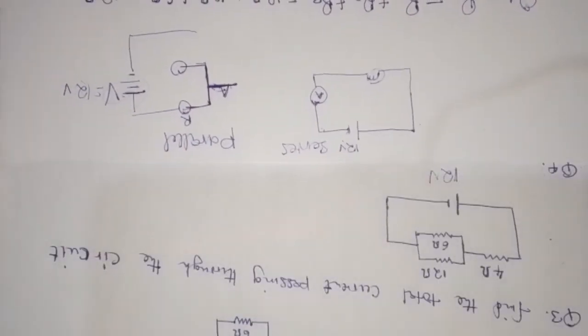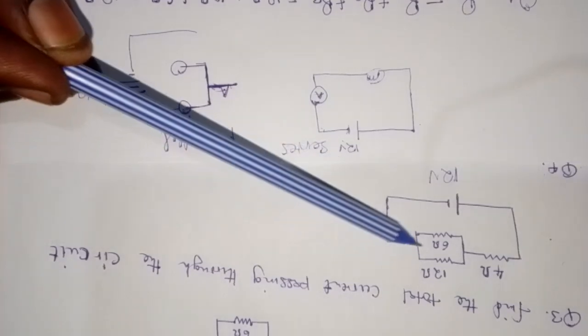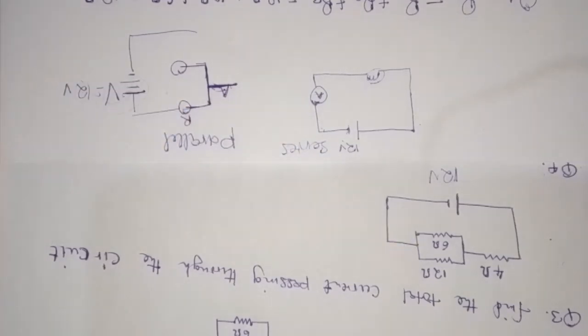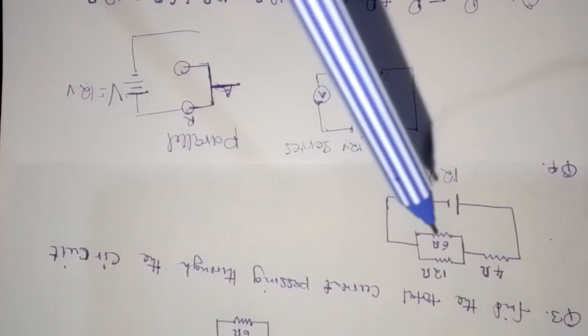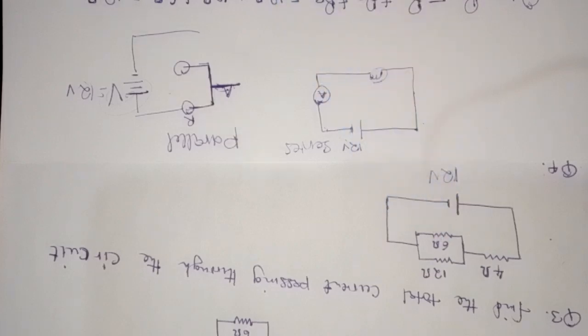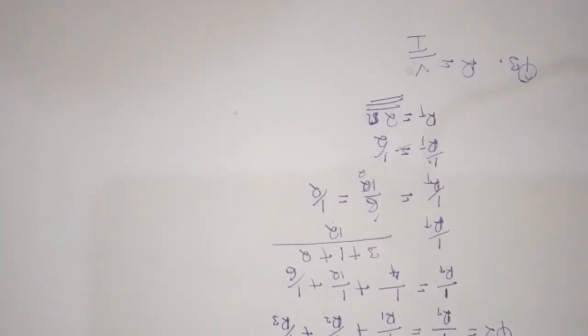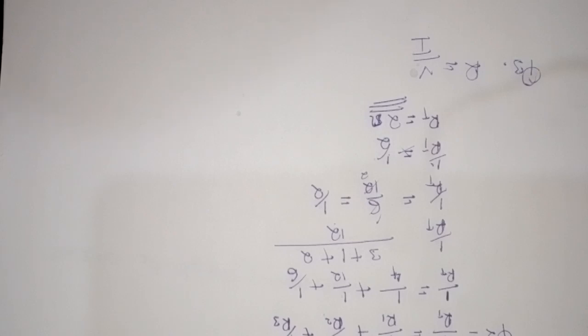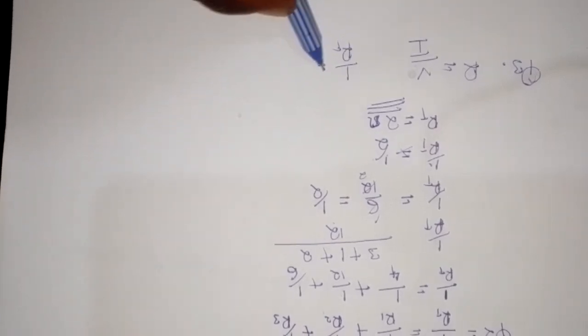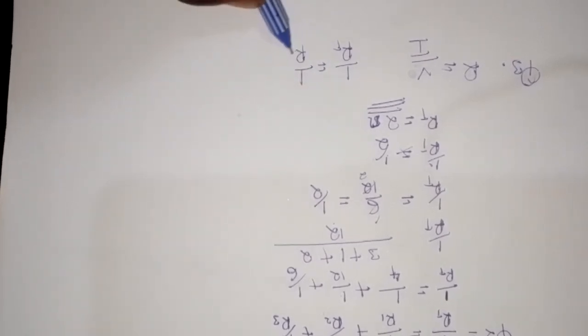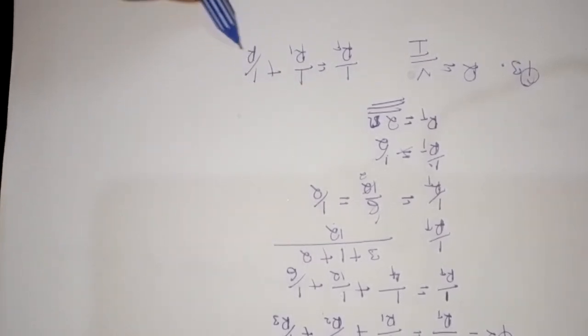First we need to calculate the total resistance connected in parallel. We have 12 there. We also have 6 there. So our solution, first we find the total resistance in parallel. 1 over total resistance is equal to 1 over resistance 1 plus 1 over resistance 2.